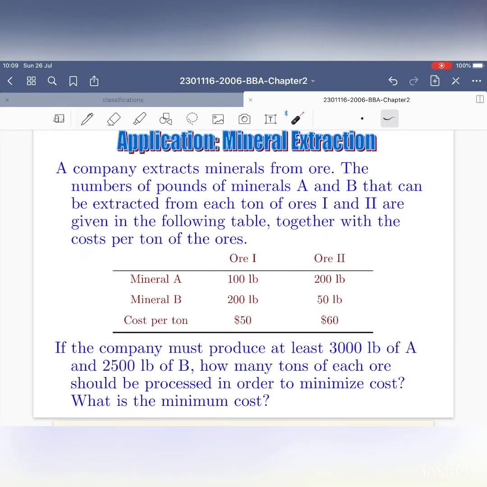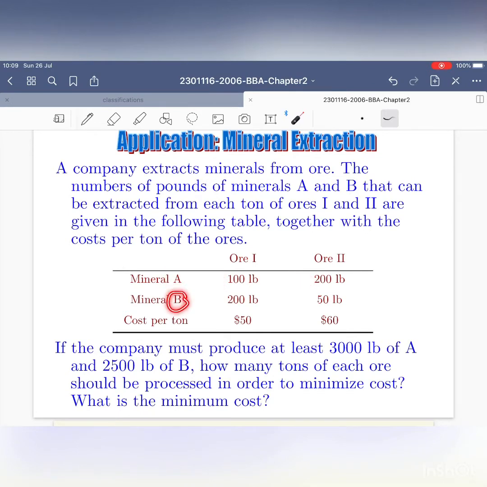For example, for the first mineral, we obtain 100 pounds from ore number 1, and we get 200 pounds for the same mineral from ore 2.